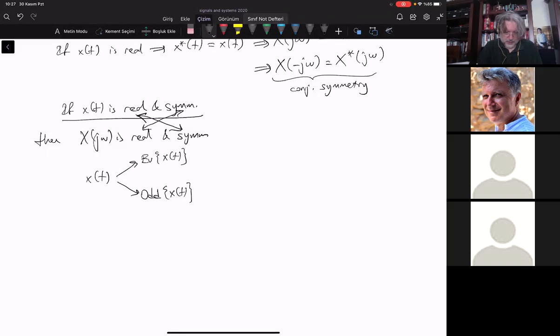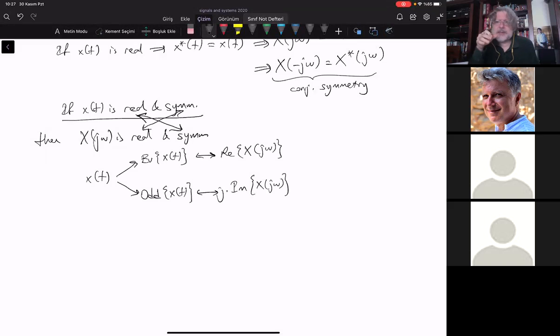And the even part of x of t will give you the real part of x of j omega, because if it's an even signal, then its Fourier transform is real, and the odd part will give you the imaginary part, j times the imaginary part of capital X of j omega.